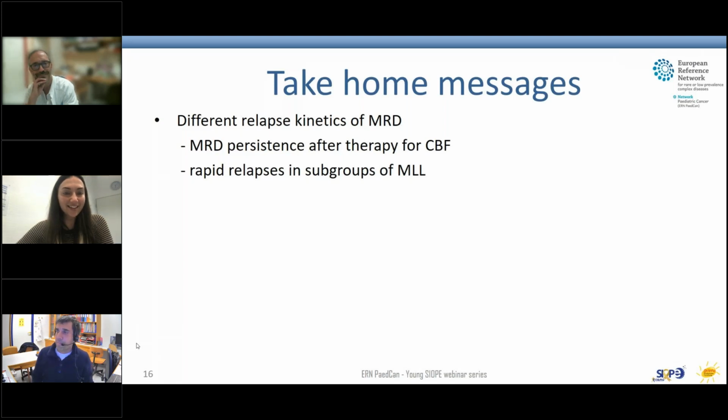Okay, so about the take-home messages, we talked about the different relapse kinetics of MRD in pediatric AML and the MRD persistence after therapy for the core binding factor leukemias with translocation 8;21 and inversion 16. And we talked also about the rapid relapses in subgroups of MLL-rearranged AMLs.